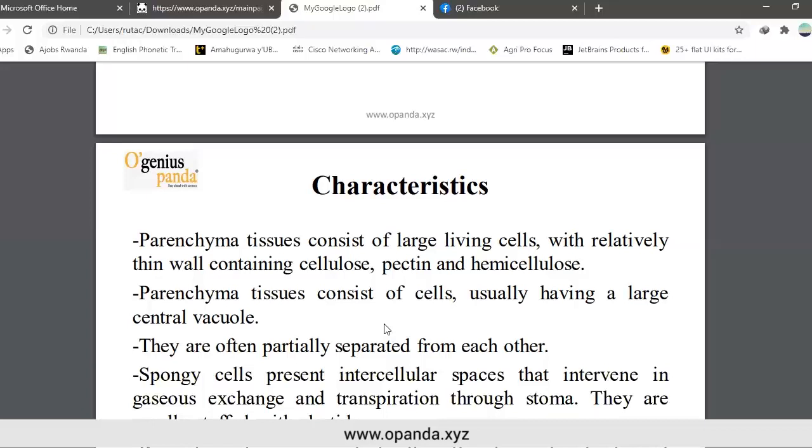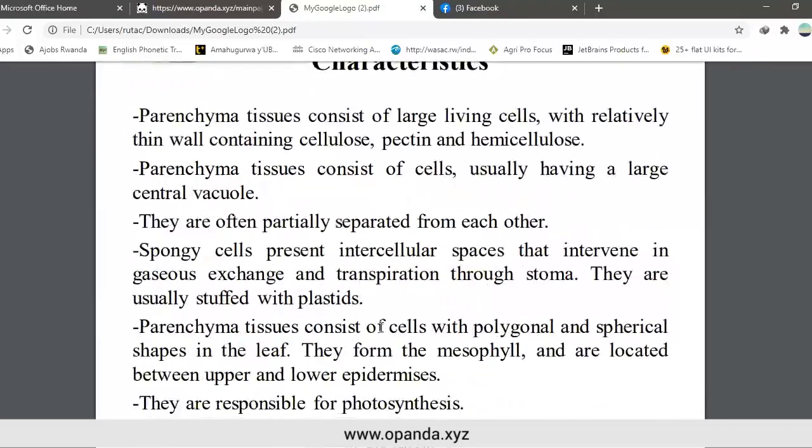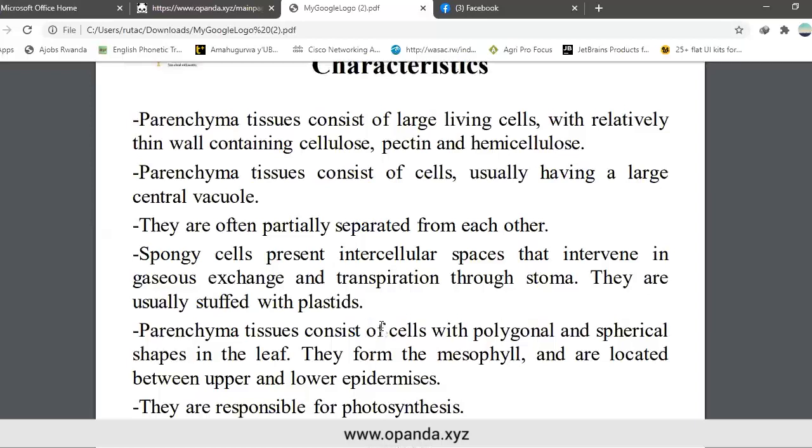Spongy cells present intercellular spaces that intervene in gaseous exchange and transpiration through stomata. They are usually stuffed with plastids. In the leaf, the cells have polygonal and spherical shapes. They form the mesophyll and are located between the upper and lower epidermis. They are responsible for photosynthesis.